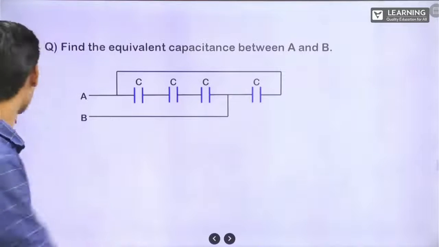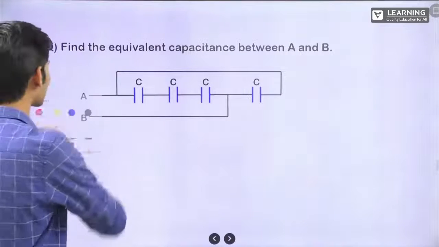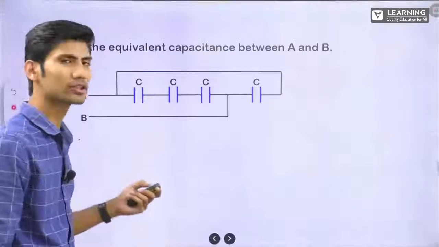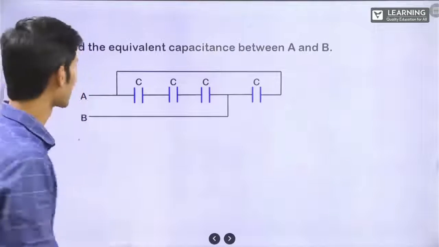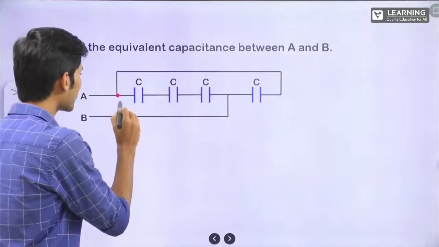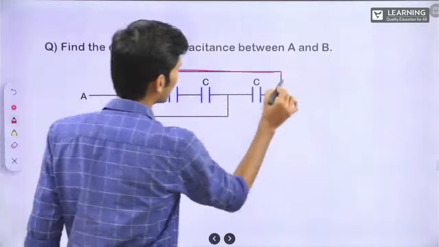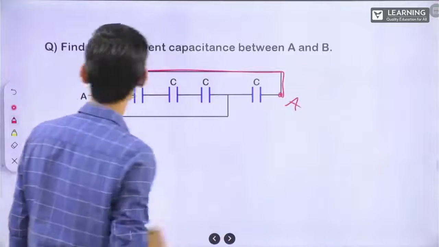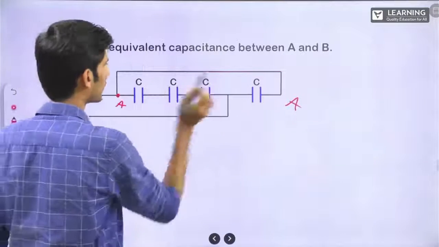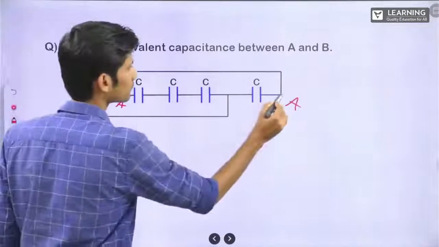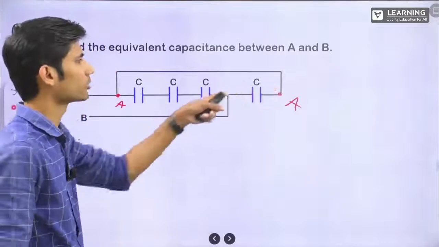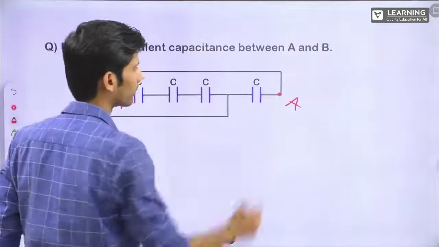This circuit is there. Now how will we do it? Let's say instead of V and 0, we will only write A and B, okay? So this is A, that means this point is at A. This point A, this point is also at A. Correct? Now a potential drop will happen because the capacitor came in the middle.